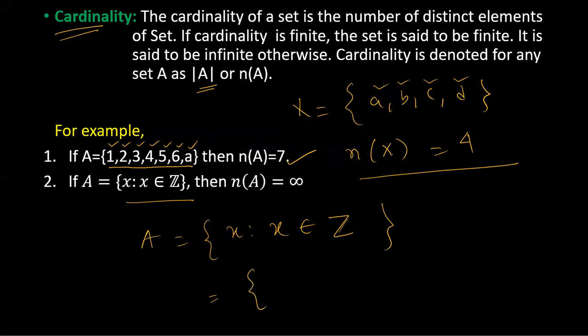We can say there are a lot of integers like 0, plus minus 1, plus minus 2, plus minus 3. So many numbers are there in this set. So obviously the cardinality of this particular set will be infinite. We cannot say how many integers are there in the set. There are so many integers. So the cardinality is infinite.